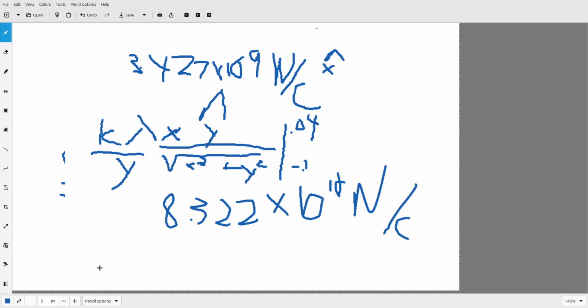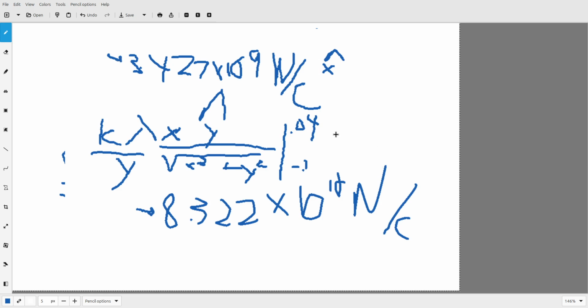Now, to find the magnitude, we use the Pythagorean theorem. Square root of this squared plus this squared.